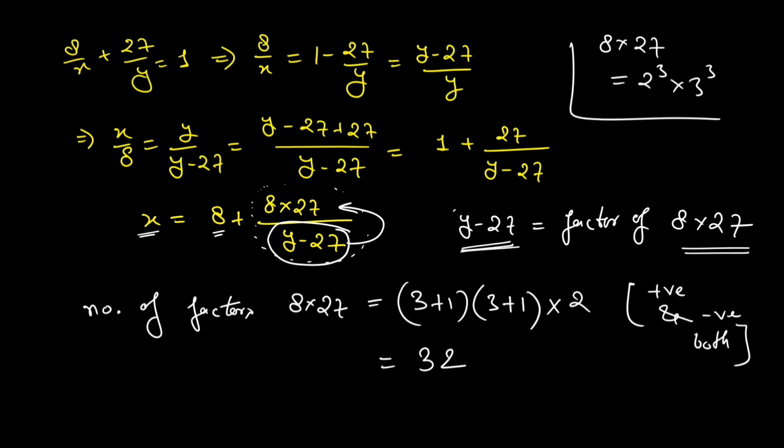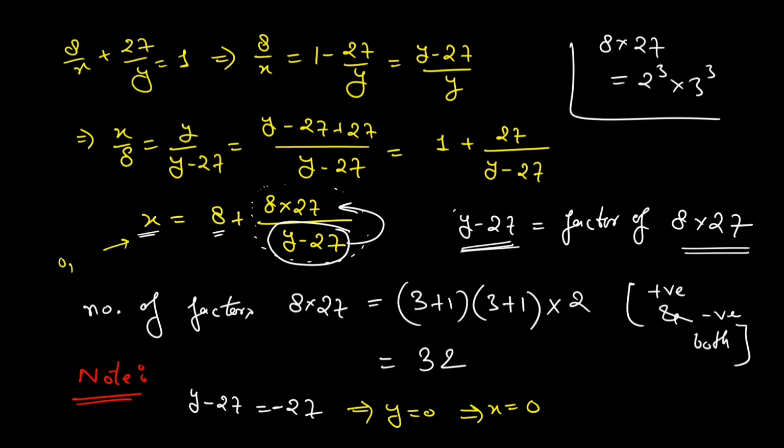But notice that if we put y minus 27 equals minus 27, which is also a factor of 27 times 8, then also we will get a solution. What solution will we get? We will get y equals 0, and on putting y equals 0 we will get x equals 0. You can see that (0, 0) satisfies this equation also, right?